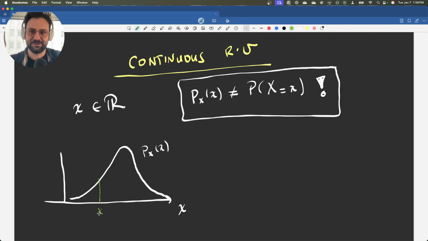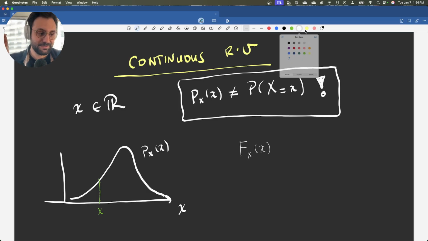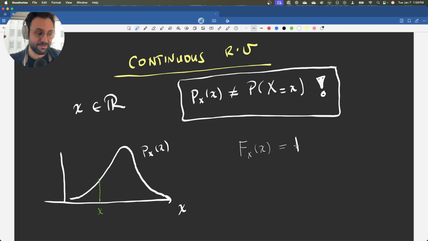Even if it is probable, the exact point is never observed. So that's it. That's the deal with the physical quantities. That's a problem with observing the exact x, right? So strictly speaking, we do not define the probability of x equals x, but we know that we can define F of x, the cumulative distribution function, and it is in fact defined as the probability of x less than or equal to x.